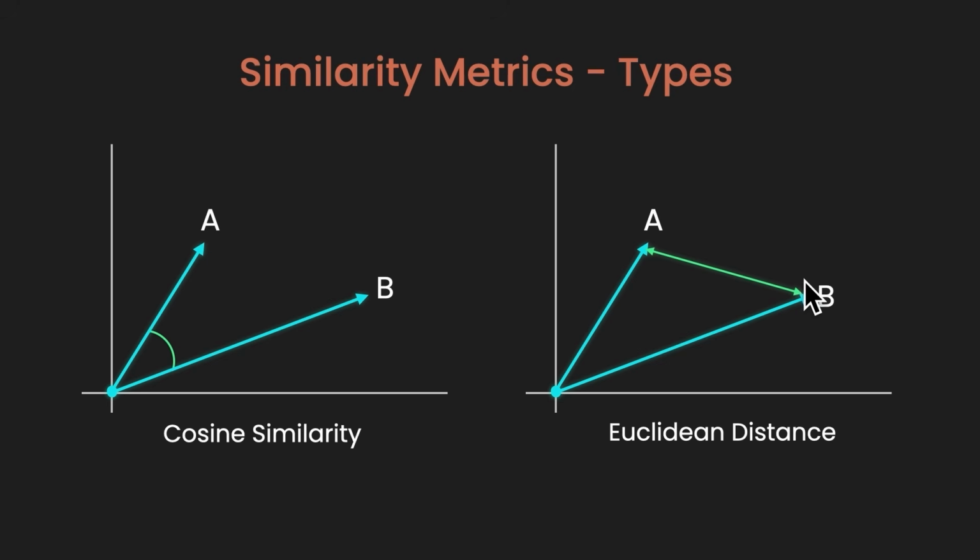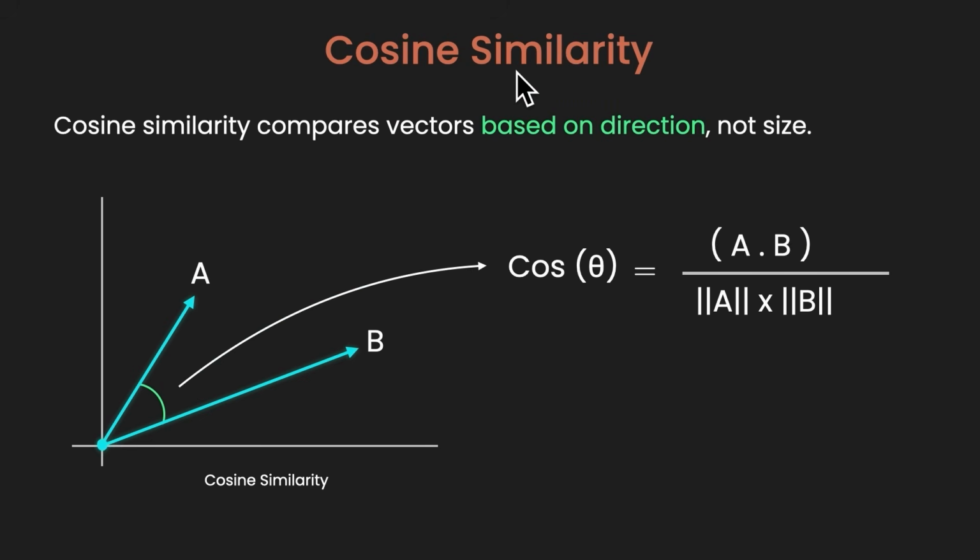Now, in this lecture, we will focus on two of the most important similarity metrics. They are cosine similarity and Euclidean distance. So let's start with cosine similarity. Cosine similarity compares vectors based on direction and not size. So basically, cosine similarity doesn't care about how big these two vectors are. It doesn't care about the magnitude of these vectors. All it cares about is the direction of these vectors.